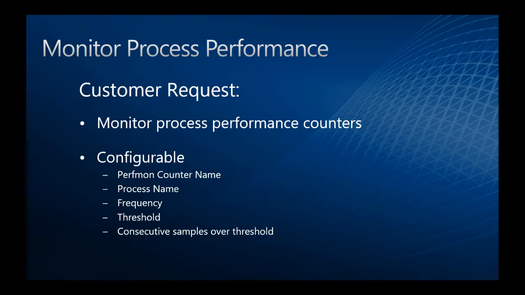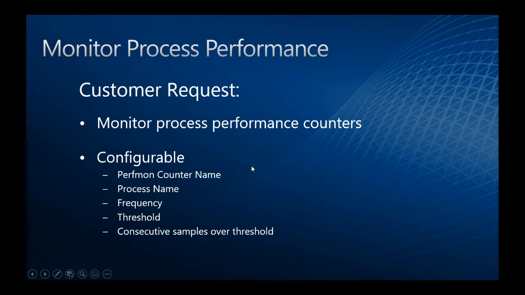When you monitor process performance counters, if the process only has a single instance running, it's really easy. You can just use any old perfmon counter using the SCOM UI. But if the process has multiple instances, the built-in performance monitoring monitor doesn't work, and it'll actually flip-flop on you.